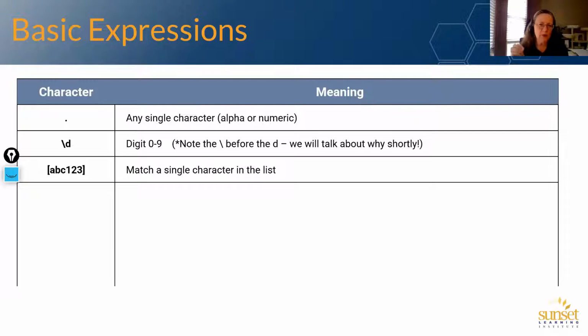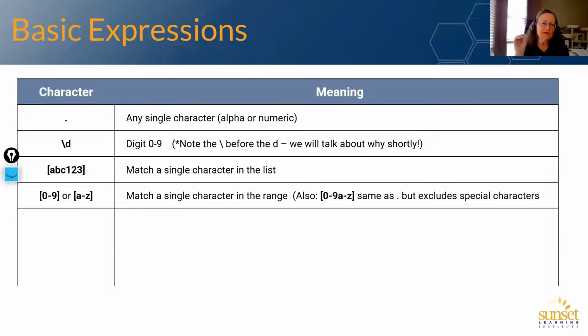So anything inside the brackets, if it's listed inside the brackets, it's a go, right? And that's slightly different than if I put a dash in there between similar characters. Now I could, in the case of the 0 through 9, say 0, 1, 2, 3, 4, 5, 6, 7, 8, 9. The dash in between the same characters means all of them.